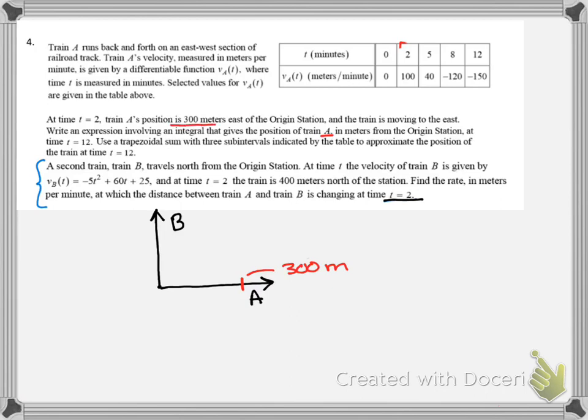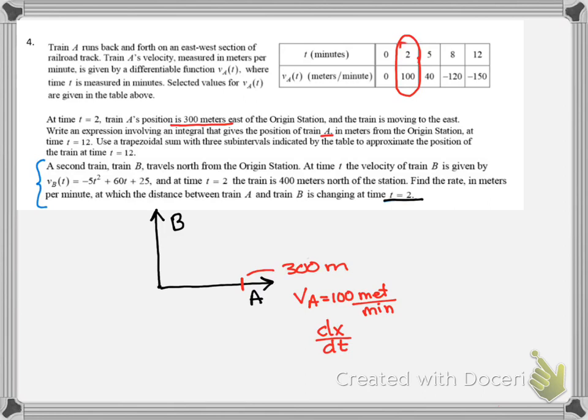That was given in the previous part. And we also know that at that instant of t equals 2, train A has a velocity of 100 meters per minute. We can think of that as the dx dt, the change in the x direction.